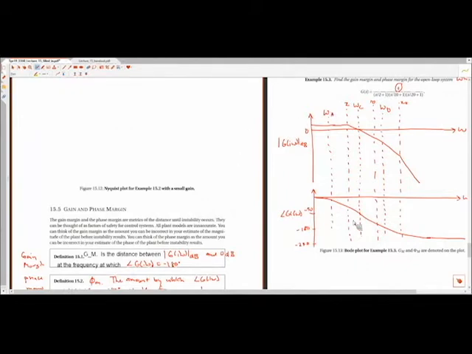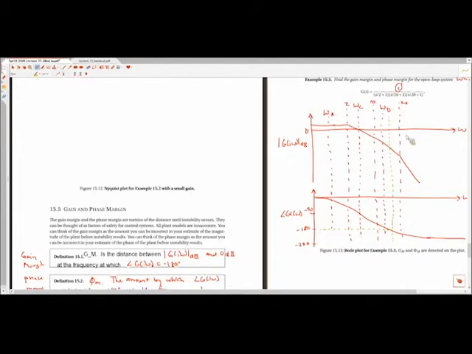So drawing this here, this is negative 180 degrees, and this corresponds to that frequency. I would then go up to match this up with the magnitude plot. This is the frequency at which the phase plot crosses negative 180.